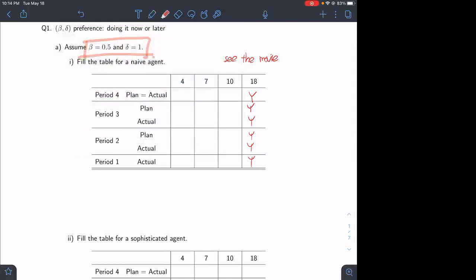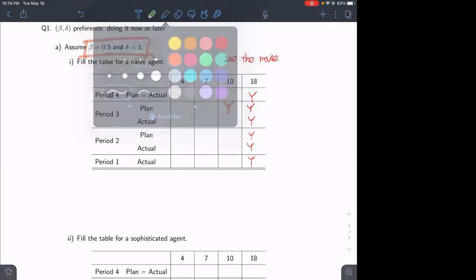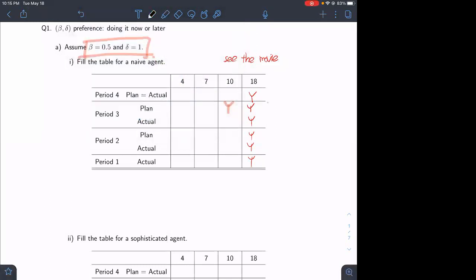So what's his plan in period 3? He's thinking that his beta equals 1, which is wrong. He's going to compare 10, which is the immediate benefit, the benefit now, versus 18 times 1. Nothing is discounted.